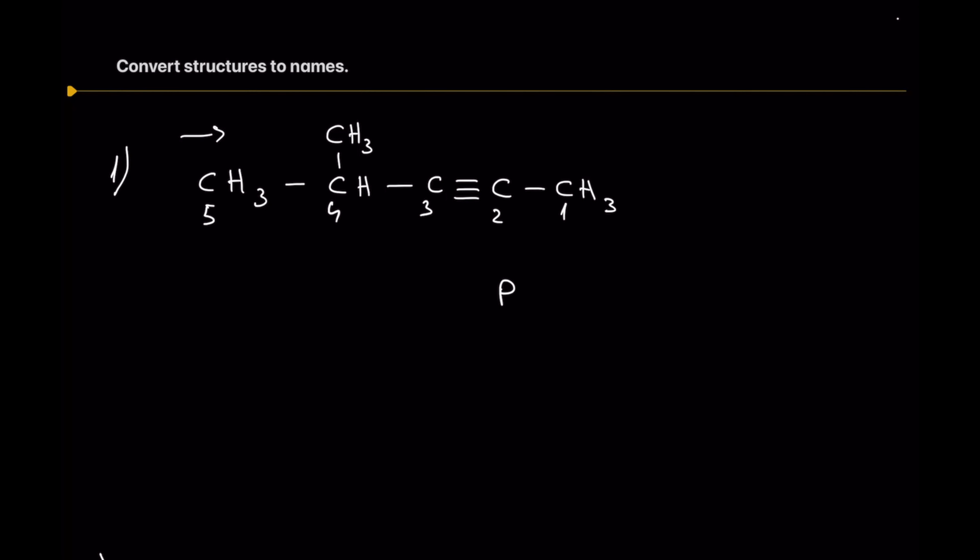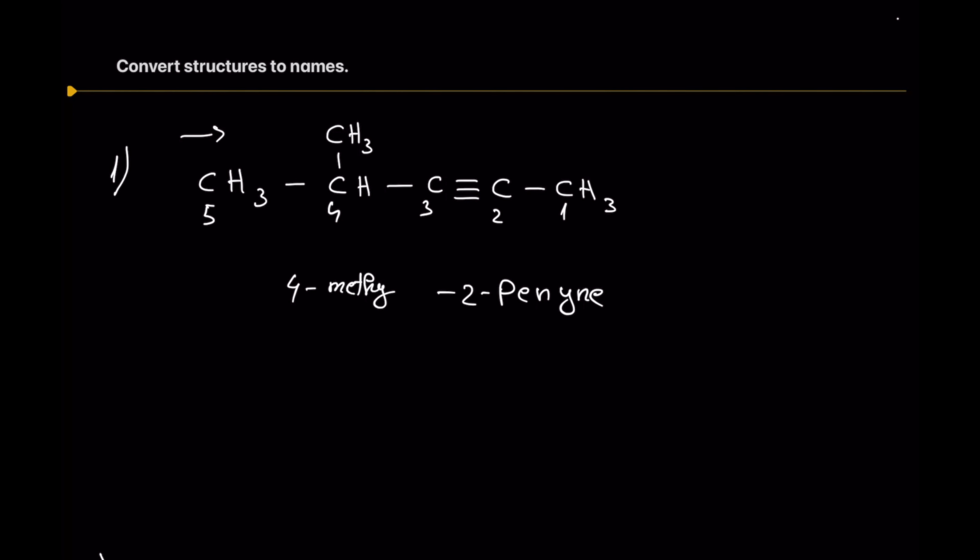So the parent name, pentyne. And the triple bond is at the second position, the second carbon. But we have also a substituent, that is this one here, methyl at the position 4. That's why I always recommend to place numbers, because it's easier to name all the substituents after. So 4-methyl-2-pentyne.